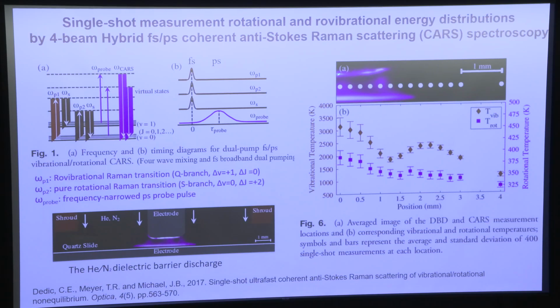It allowed them to measure the vibrational temperature and the rotational temperature in the plasma and detect the difference. In the geometry, you can see that the edge still has very strong vibration.